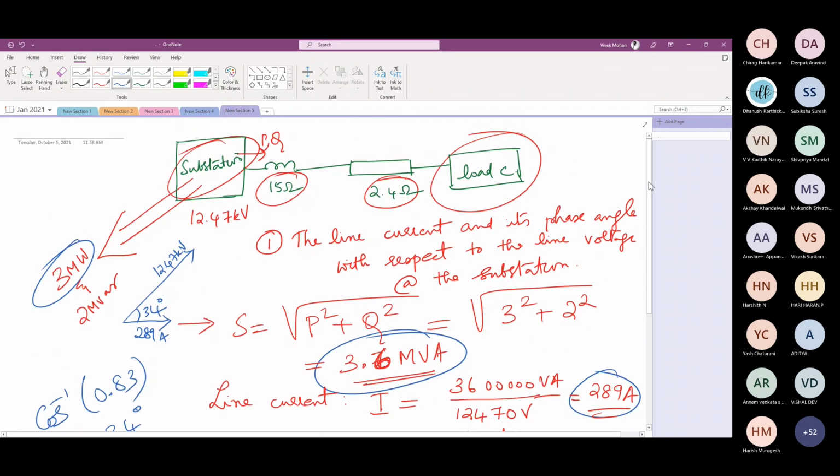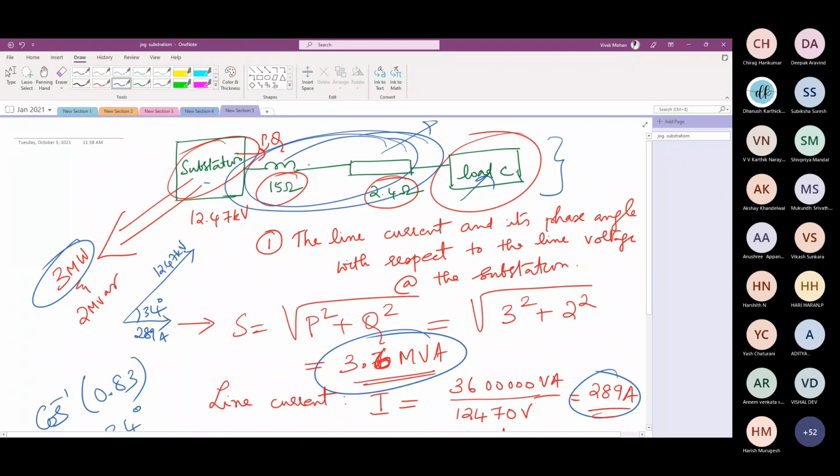Now in the second part you are asked to find the active power dissipated in the line. So this is your line. Your line has both R and X, right? The load will get active power only after the dissipated active power is subtracted from the input active power. And what is the reactive power input to the load?